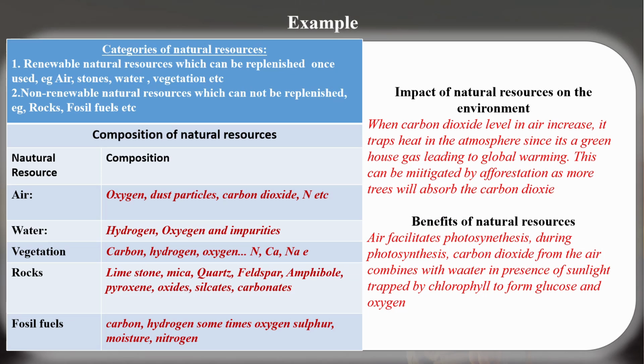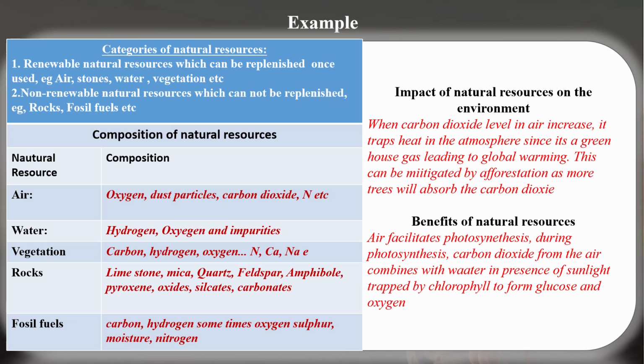Then the composition of that natural resource you have identified, you give at least 3 compositions. If you identified rocks, give at least 3 components of rocks. If you have identified vegetation, give at least 3 components of vegetation.